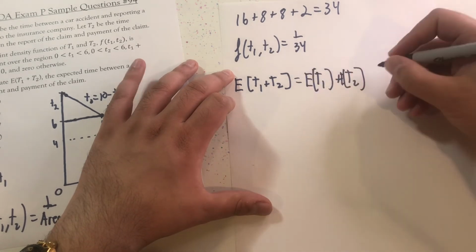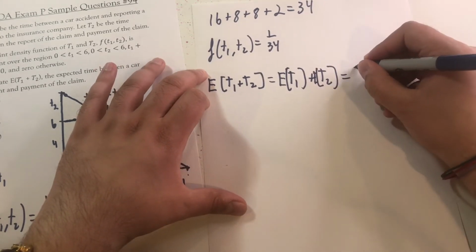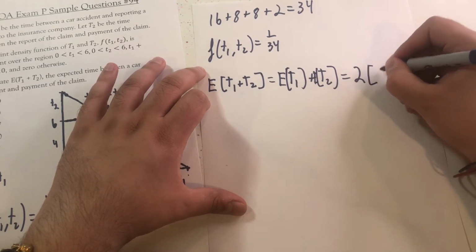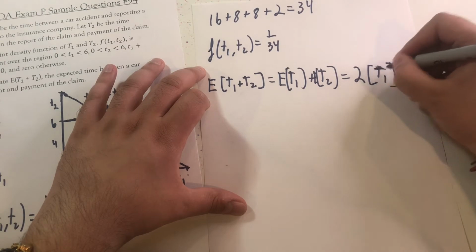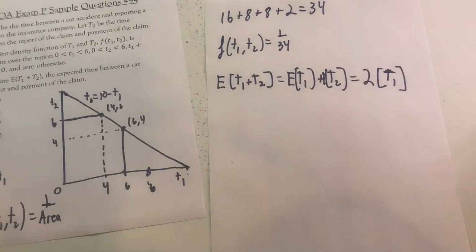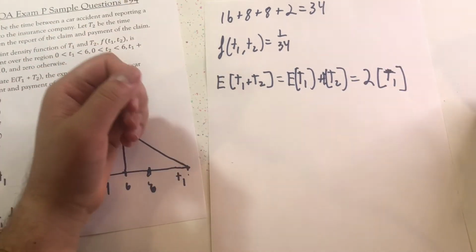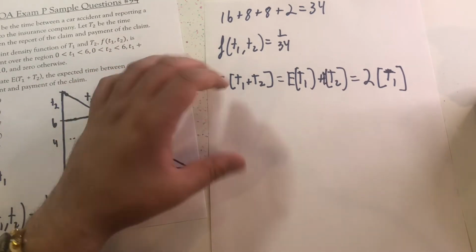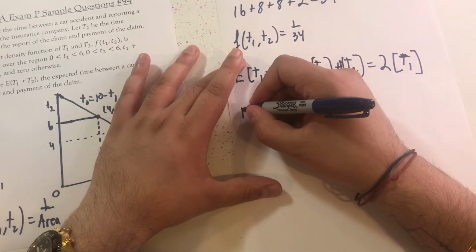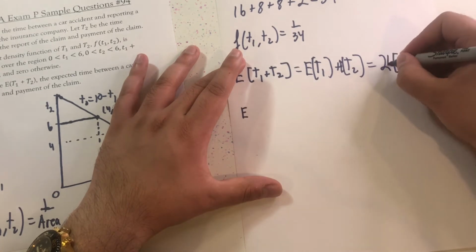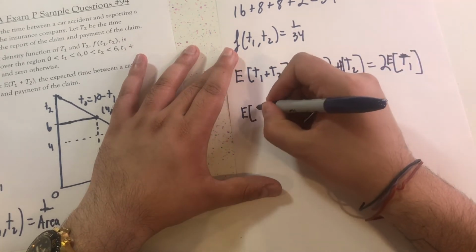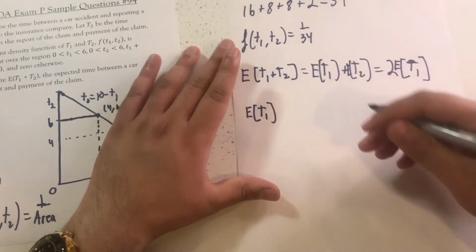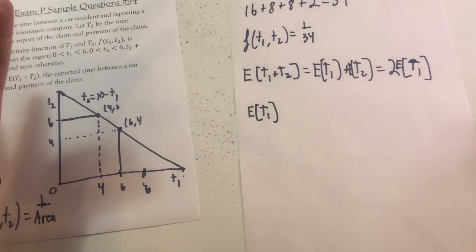And again, because of symmetry, I'm able to write this as 2 times the expected value of T1, right? That way I only have to find one of these. So next step is to find one of these. I'm going to find the expected value of T1, and then I'll just double it at the end, okay?